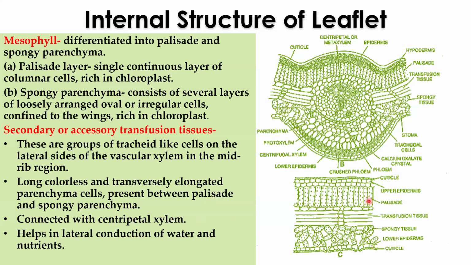In the diagram, upper epidermis is covered with cuticle, followed by a hypodermal layer, followed by a mesophyll tissue differentiated into palisade and spongy parenchyma, a transfusion tissue which is confined to the midrib, present at the lateral side of vascular xylem and connected to the centripetal xylem. Then it is followed by the lower epidermis interrupted by the stomata.